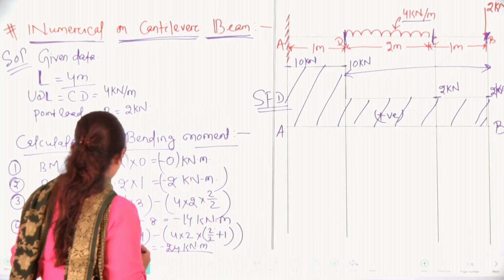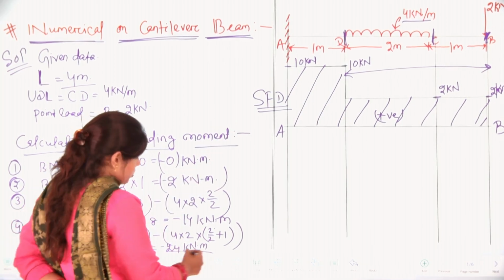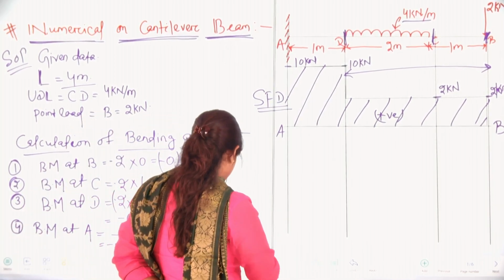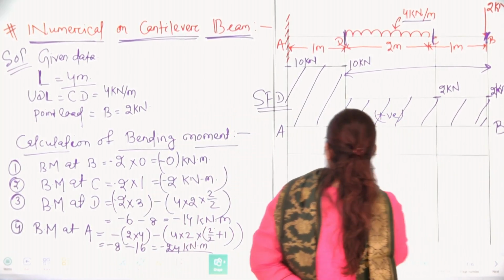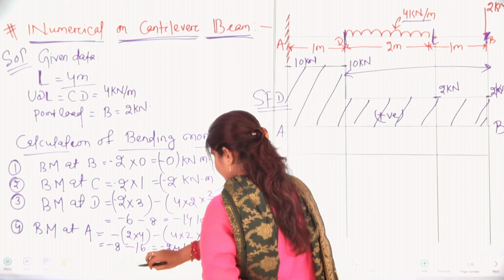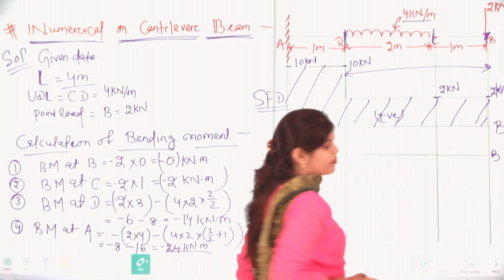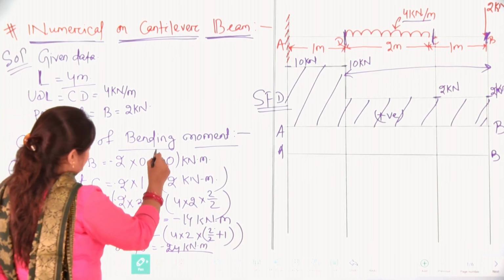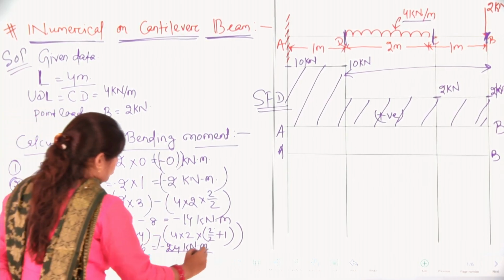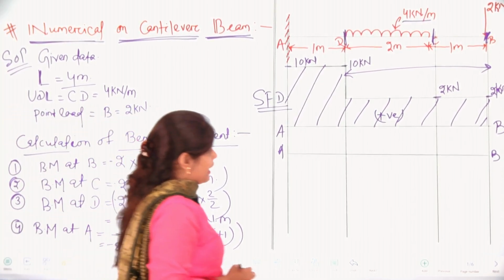Now, we have all the bending moment values at different points. So, let us draw the bending moment diagram. You can see the values are negative, so we will have the bending moment diagram in the negative way.